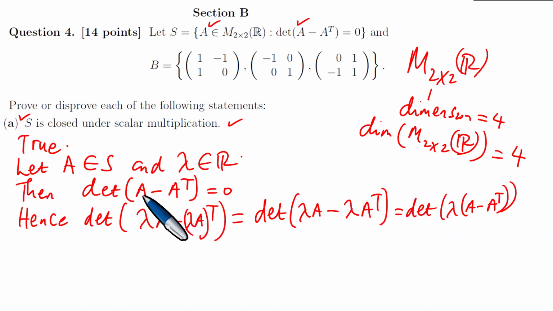We realize that this lambda multiplied each of these 2 by 2 matrices, and therefore if you take it out, it becomes lambda to the order, actually the number of rows of this particular matrix. This is a 2 by 2 matrix, and therefore it becomes to the power 2.